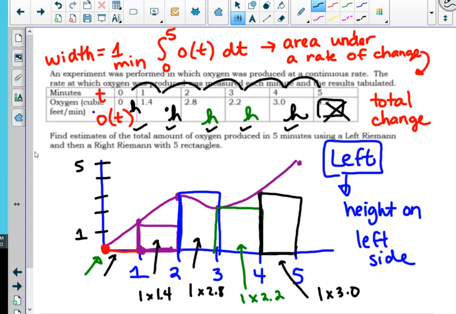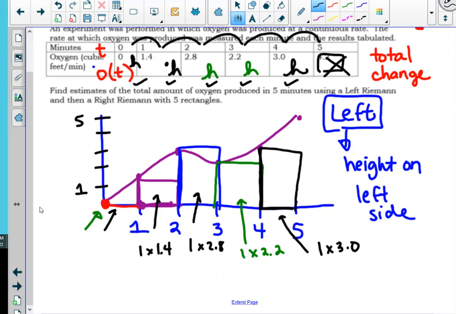Now, if I grab my calculator, I'm not pressing the right button. I wonder if I'm doing this on the wrong page. I think I am. All right, so let's see.